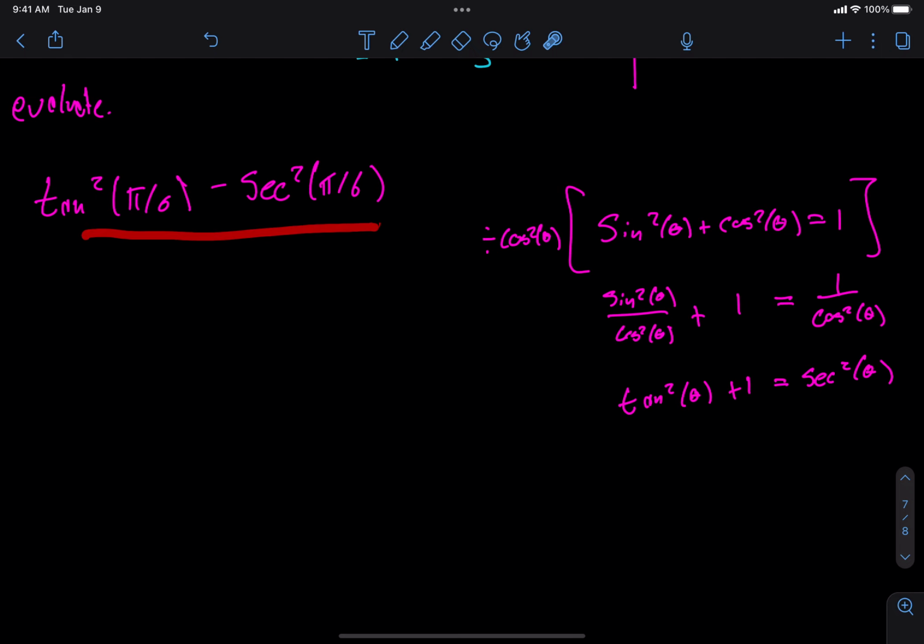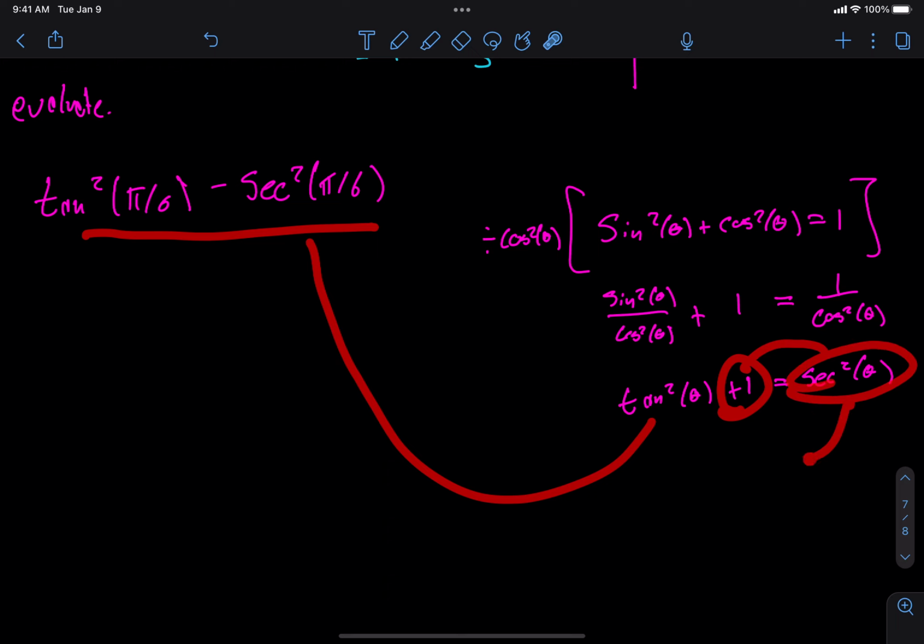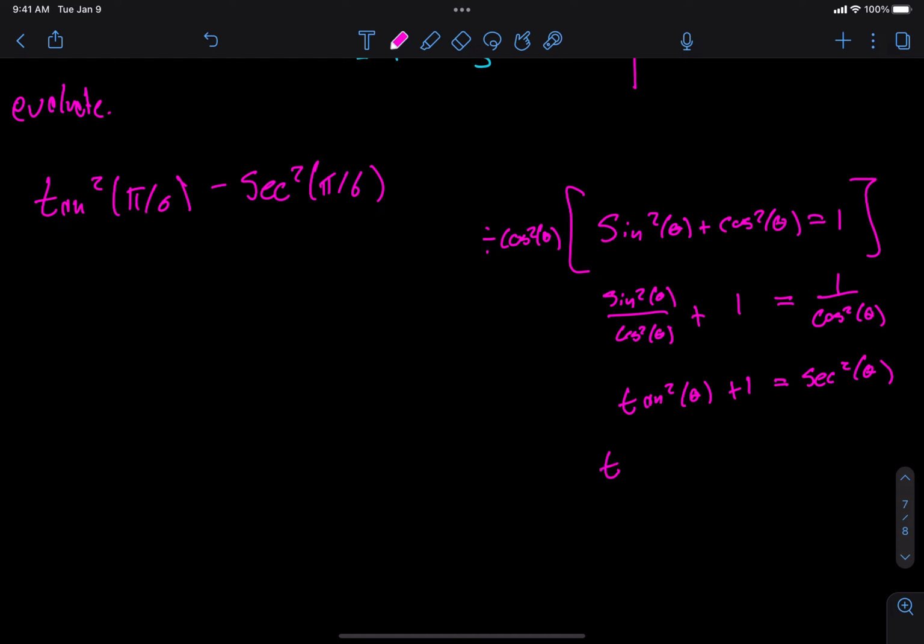Exactly. This is almost the same as the left-hand side. If I move the 1 over and move the secant squared over, it looks just like that. So another way to rephrase this identity is tan squared theta minus secant squared theta is equal to negative 1. So what is this? It's nothing but negative 1.